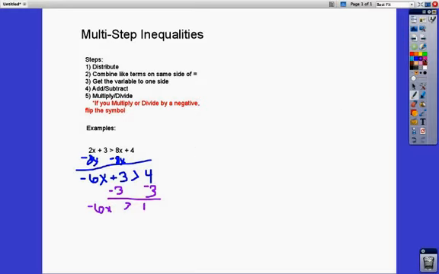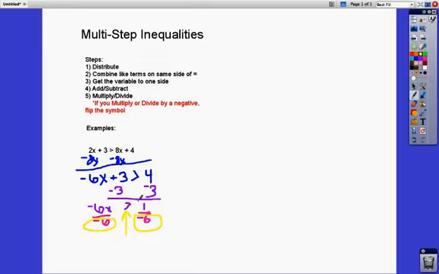Okay, so last step is multiply or divide. We are dividing by the number attached to x. So we're dividing both sides by a negative 6. Since we are dividing by this negative 6 on both sides, that is when we're going to flip the symbol.